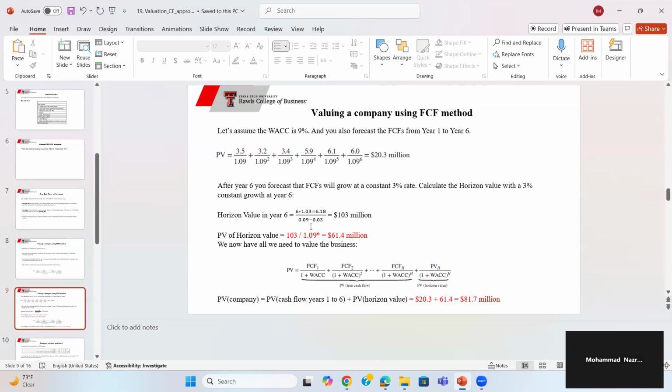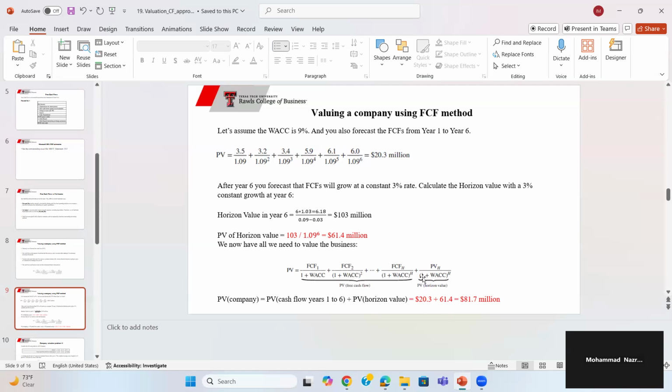So we incorporate this growth rate by subtracting it from the discount rate, and we get our 103 million horizon value for year 6. In the formula, for the first part, all our free cash flows are discounted with the regular discount rate. And here is the horizon value you already calculated; you now discount it and add up to get the present value of the company.